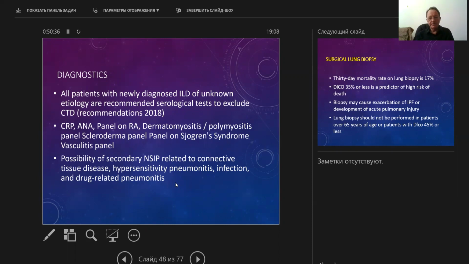These tests, for example, include CRP, C-reactive protein, for detection of the level of systemic inflammation, an anti-nuclear antibody panel for detection of connective tissue disease, rheumatoid arthritis, dermatomyositis, scleroderma, Sjogren syndrome, and vasculitis panels.